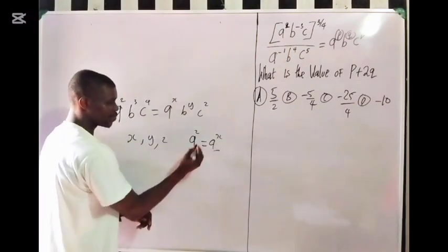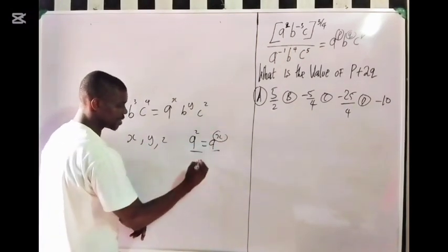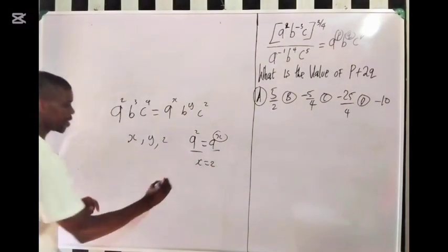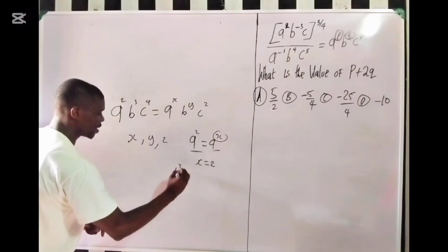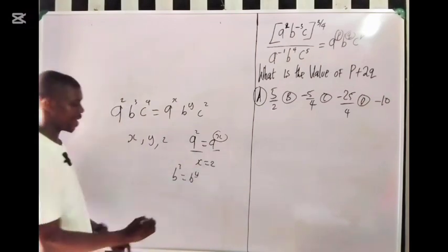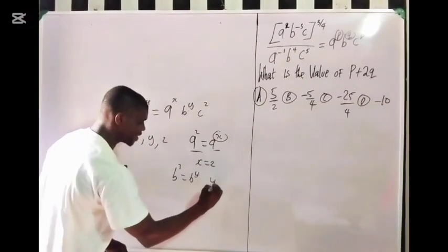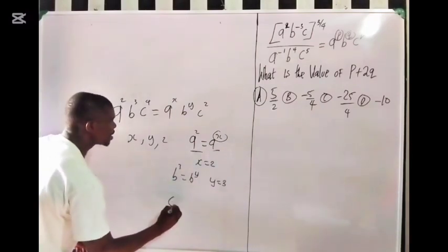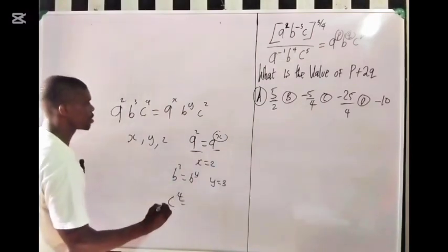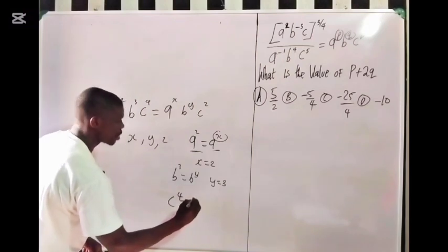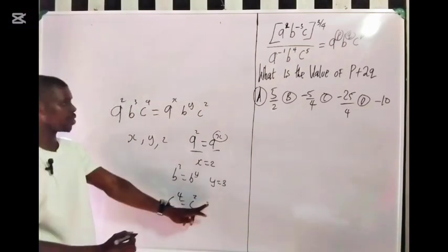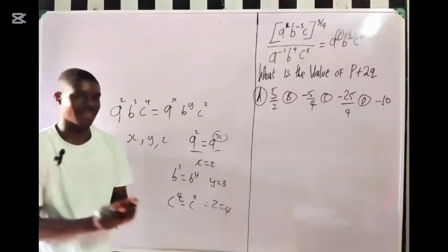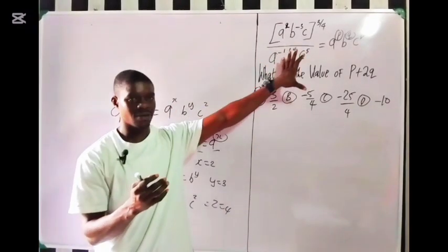The bases are the same, so X is equal to 2. Now the same here, B raised to 3 equals B raised to Y. You can see that Y is equal to 3. Then C raised to 4 equals C raised to Z. Here you can say Z is equal to 4. That is the idea behind this one here.